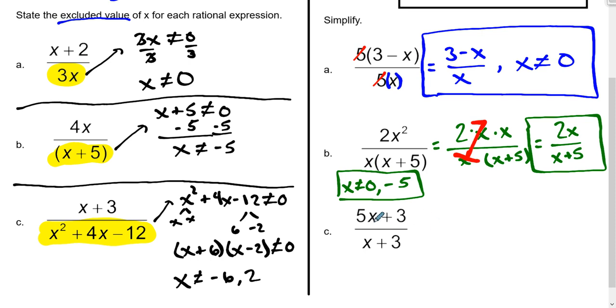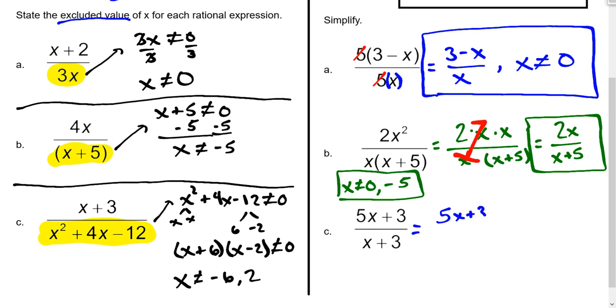So the third one we have over here is 5x plus 3 over x plus 3. All right, so we're remembering that all we're allowed to eliminate are common factors. So what factors do I have up in the numerator of 5x plus 3? Well, 5 and 3 are relatively prime, so there's no GCF there, and only one of them has an x. So guess what? That can't be written any differently.